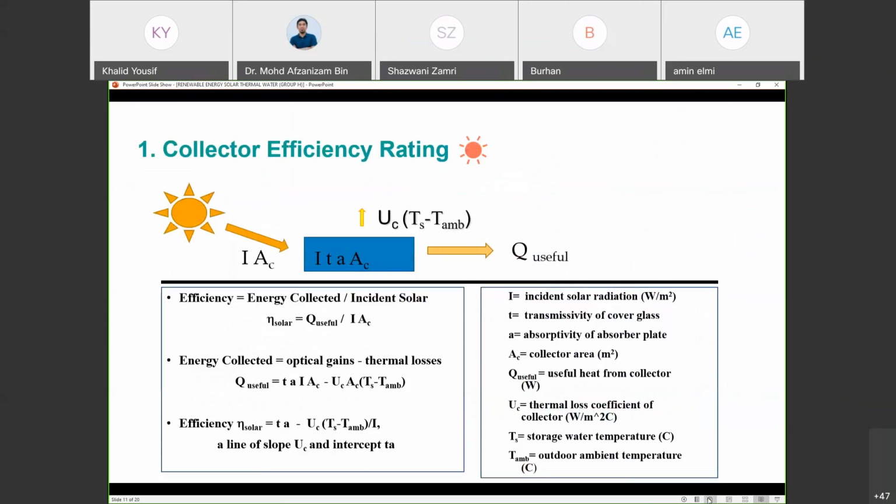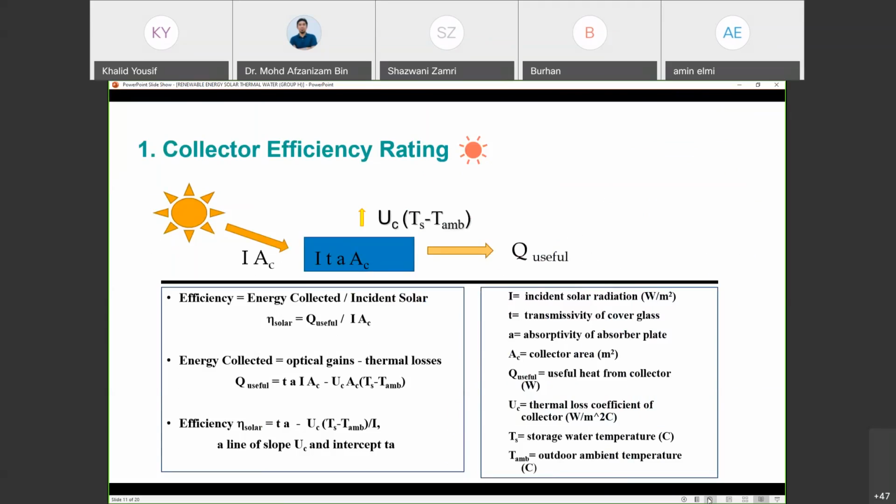The formula for efficiency rating is η solar equal to Q useful, which is the useful heat from collector, divided by incident times collector area.